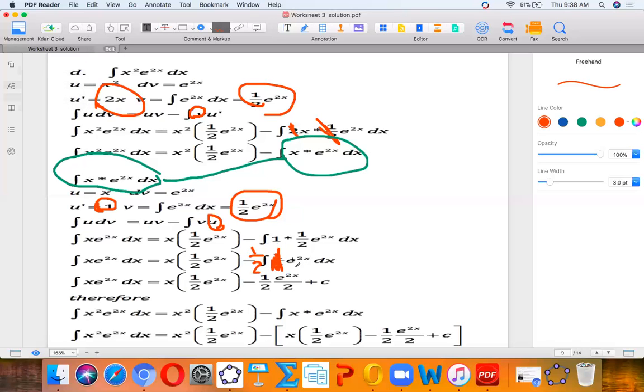Then we integrate e to the 2x to get e to the 2x over 2. Remember I said half e to the 2x is the same as e to the 2x over 2.